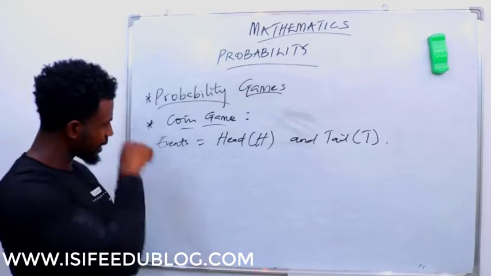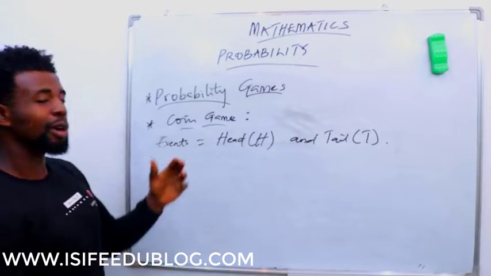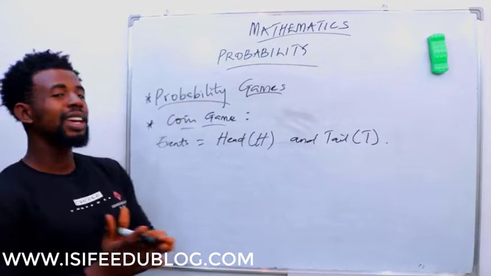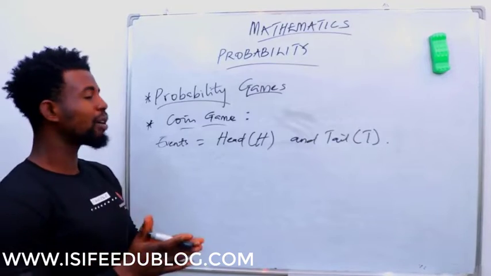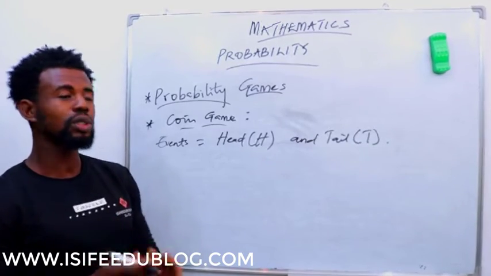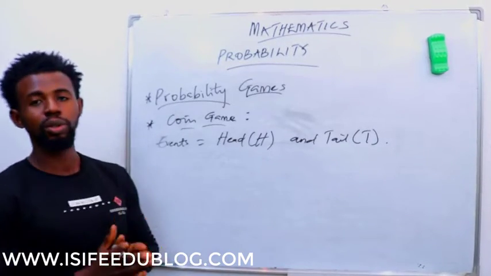Alright? So for every coin game, the probability of picking a head. Now, if our coin game is made up of just 2 events, it means that in every coin game, our maximum number of sample spaces for a single toss is always equal to 2.